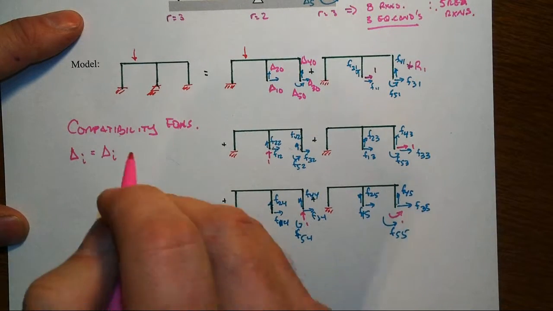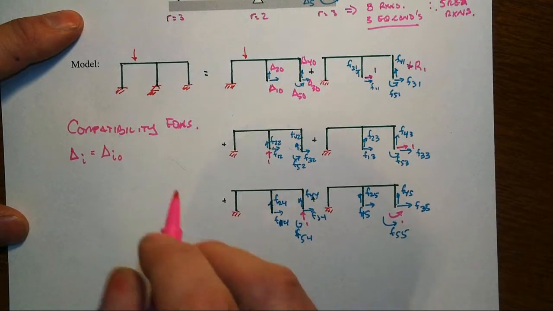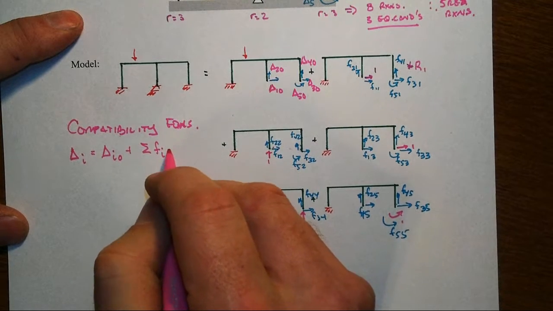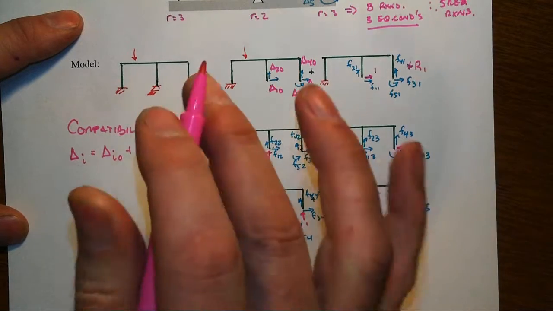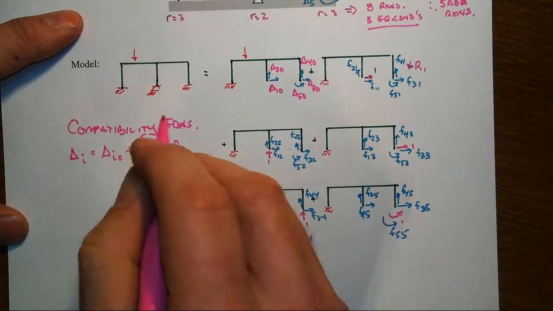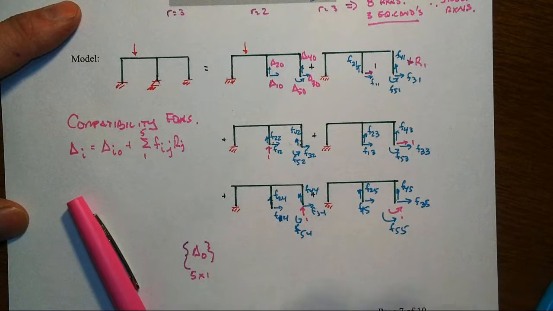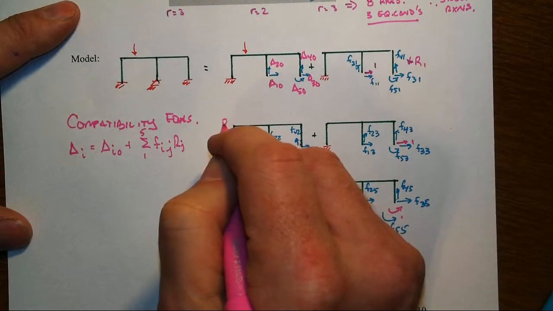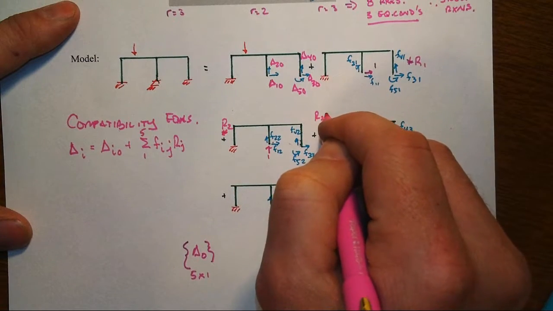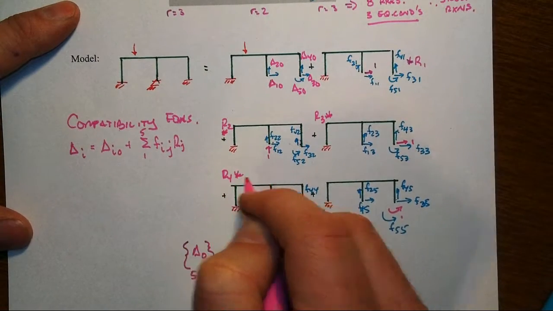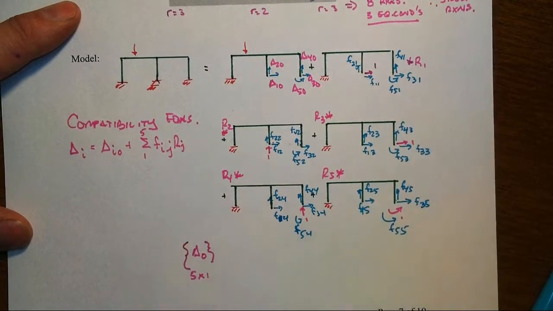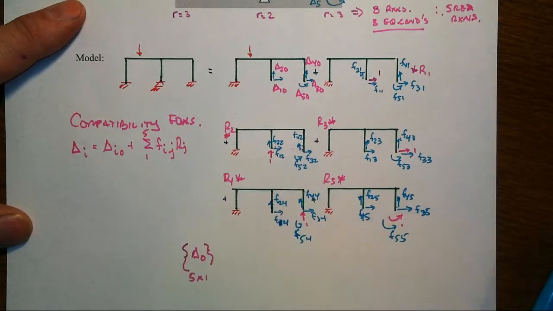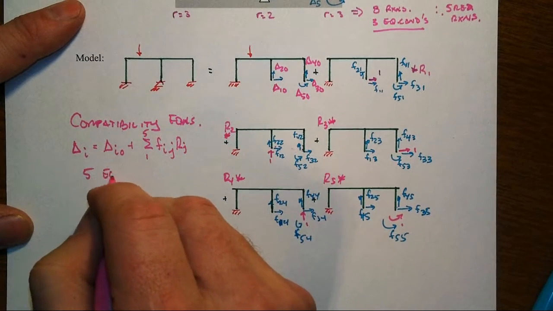That would be the displacement caused by the primary loads plus the sum of all of those, from 1 to 5 in this case. And I think maybe I didn't multiply these like we needed to. This needs to be times R2, this needs to be R3, this R4, and that R5, to get those to add up. And this would be true for all 5, so we're going to have 5 equations.